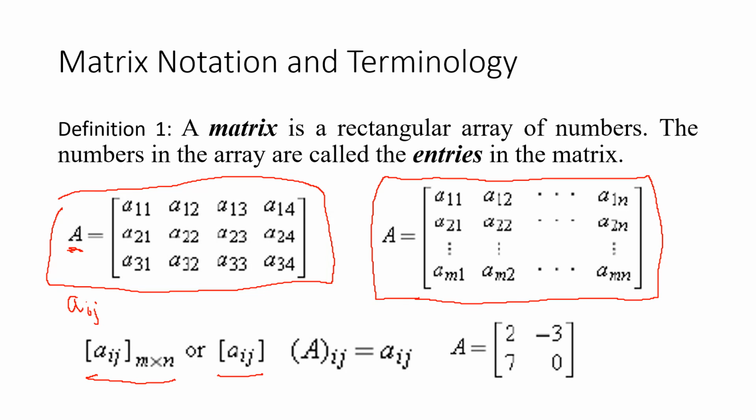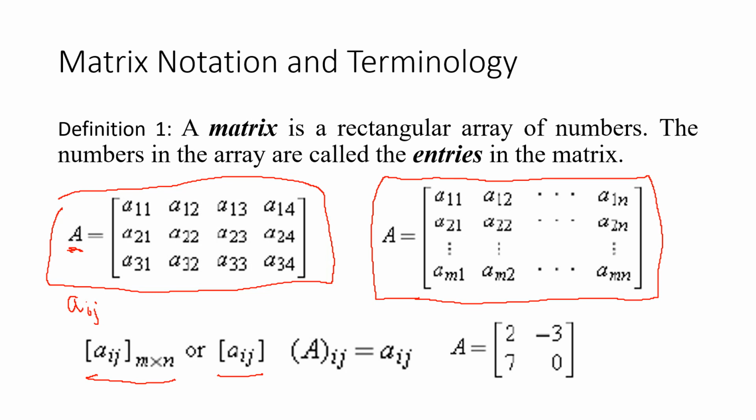Therefore, for the matrix B, we would generally use the small letter b sub ij for the entry in row i and column j, and for the matrix C, we will use the notation c sub ij.